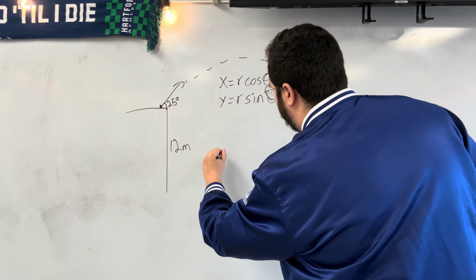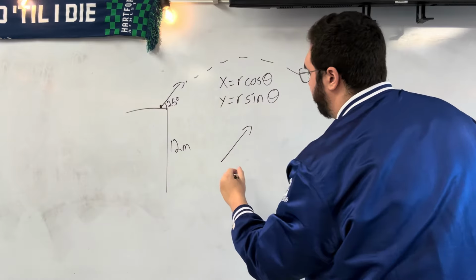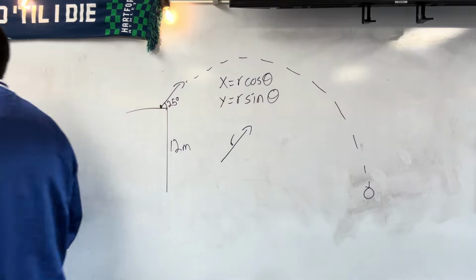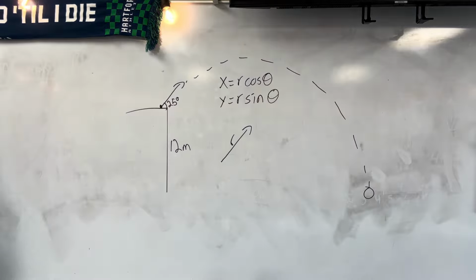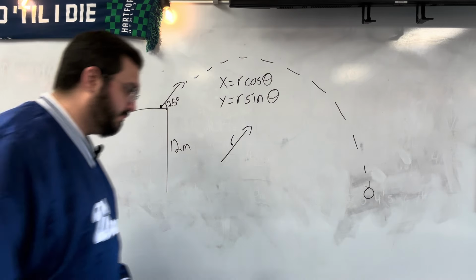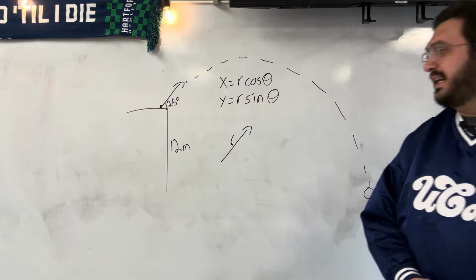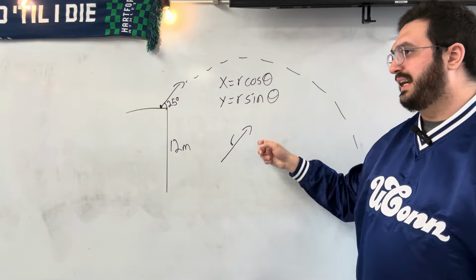Let's say I have a resultant vector like this, which we're going to call r. That vector is in two dimensions. It's in the x and y plane at the same time. Unfortunately, as great as Newton's equations are, they're not great enough to do math with this right now.